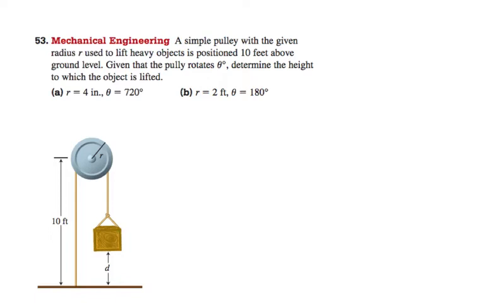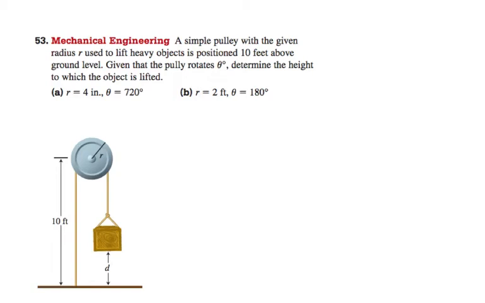Alright, and then our last problem here is talking about mechanical engineering. A simple pulley with the given radius r is used to lift heavy objects and its position 10 feet above the ground. So I see that in the diagram. Given that the pulley rotates theta degrees, so whatever they give you, determine the height to which the object has been lifted.